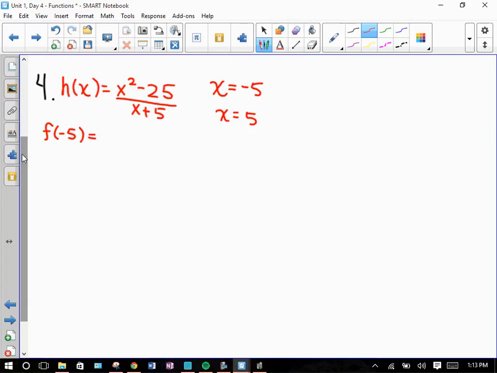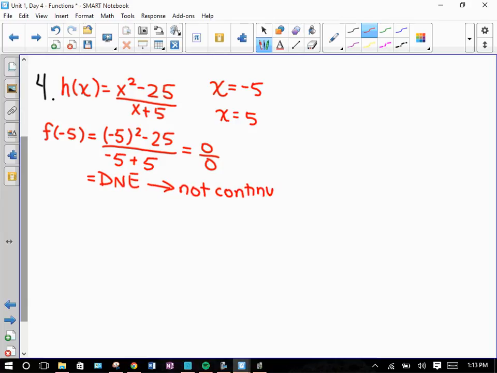I'm going to get -5 squared minus 25 divided by -5 plus 5. It's going to give me 0 divided by 0, which is impossible. So what that tells me is f of -5 does not exist. That implies that it is not continuous.